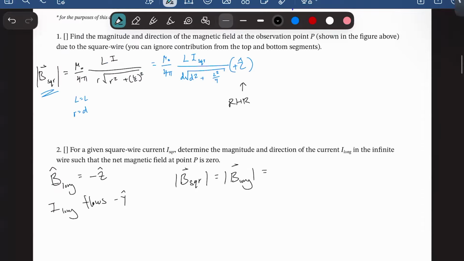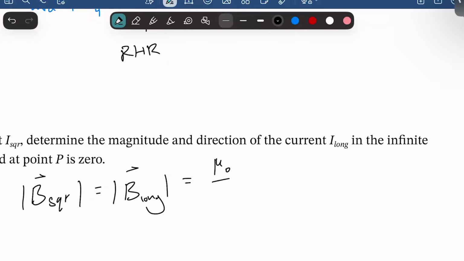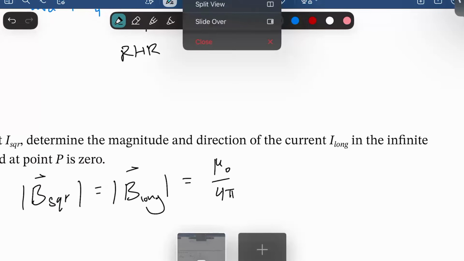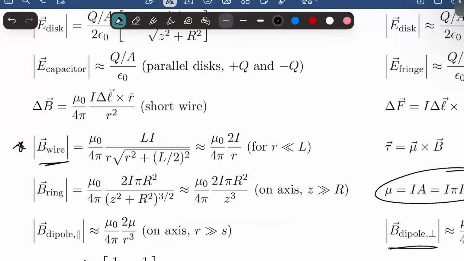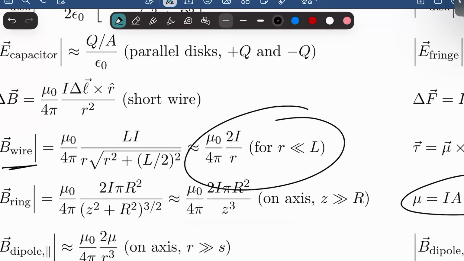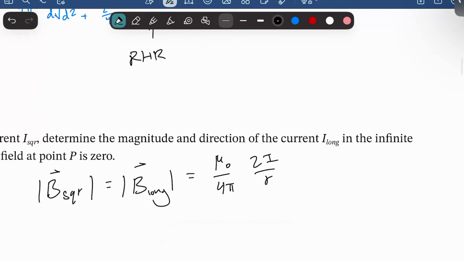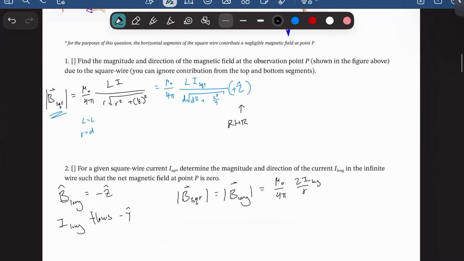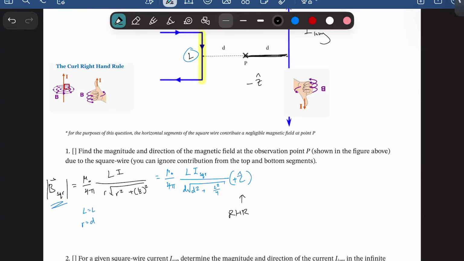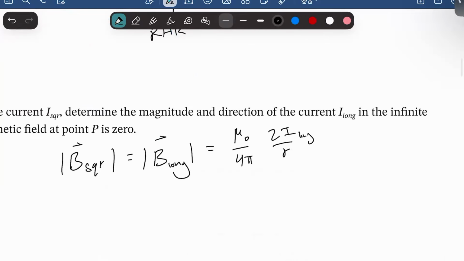B long from the wire is going to be mu naught over 4 pi times, now we can use the other wire formula, 2I over R, and this is going to be I long. And we know R, the distance from our observation location, is of course D. So this is all equal to mu naught over 4 pi times 2 I long over D.